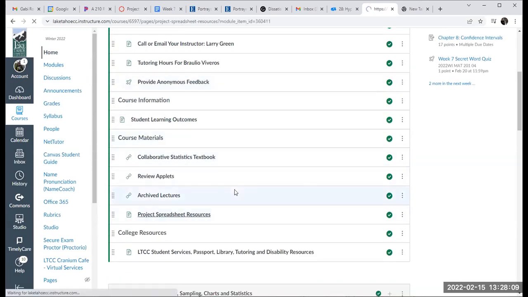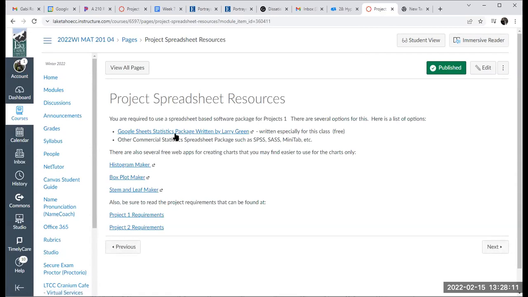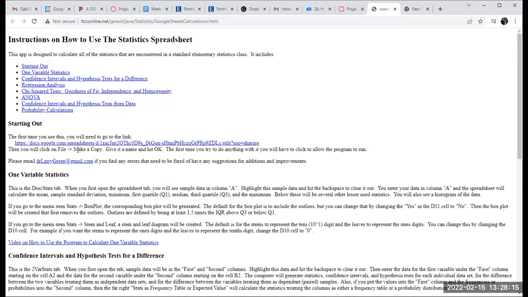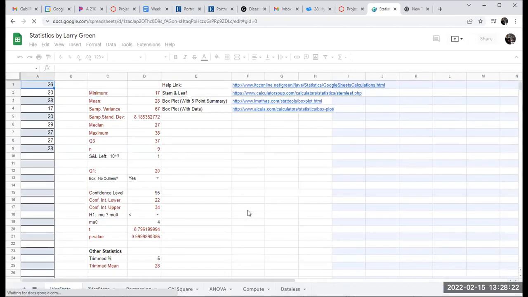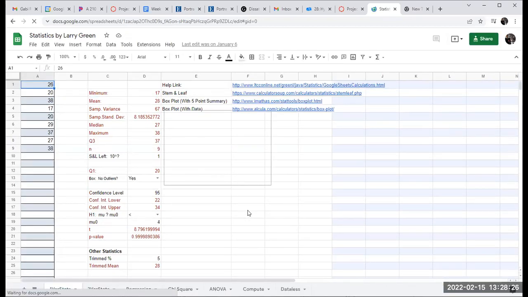Project spreadsheet resources and the Google Sheets. You can click this guy. And if you already did it, you don't have to recopy it because you have your copy. It's yours. It's not mine anymore. This one's mine because it's my screen.